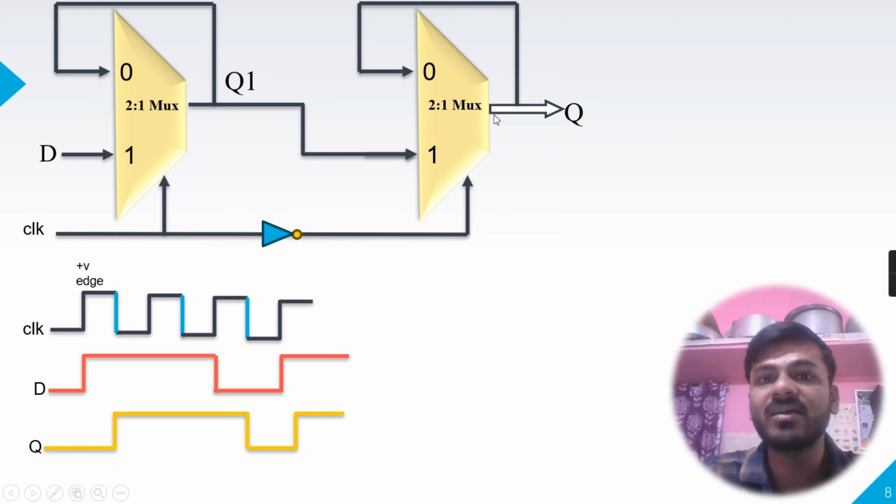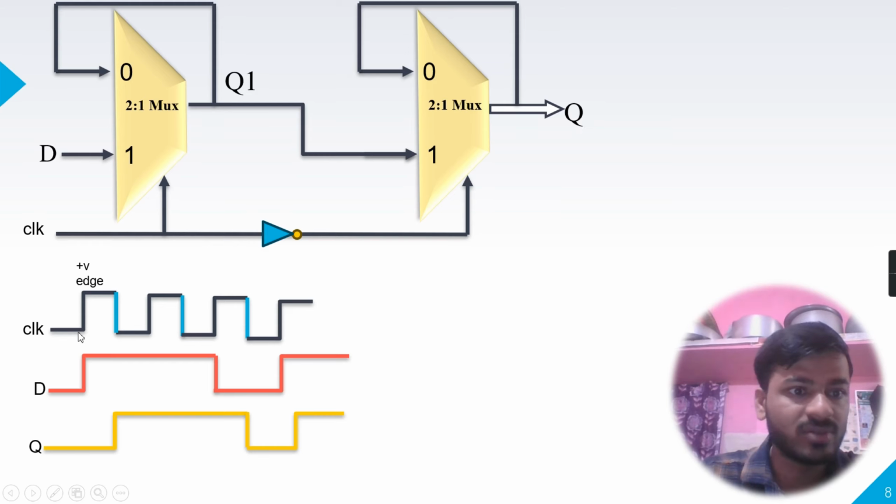So it holds the previous value. Now whatever the previous value, whether high or low, we'll get that value. So here you can see at this positive level D is routed to the Q1, but my Q is still low only because it has held the previous value.